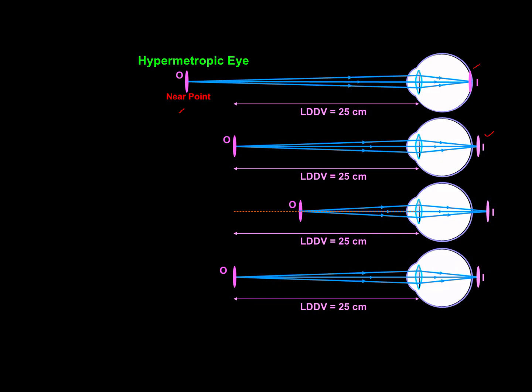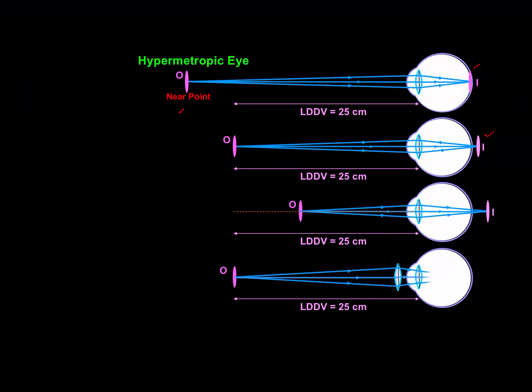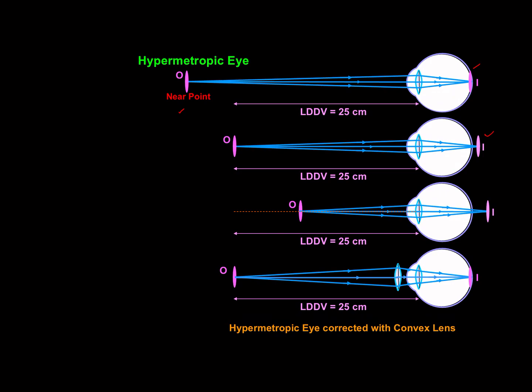So this is corrected by using a convex lens. See, as we use the convex lens as a corrective lens, the image is again formed at the retina. In this way, a hypermetropic eye can be corrected.